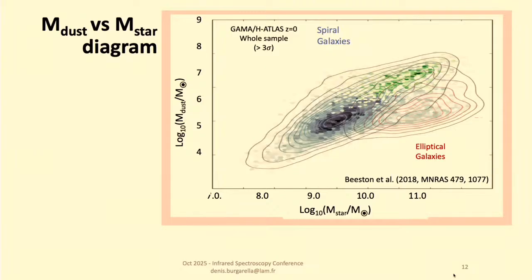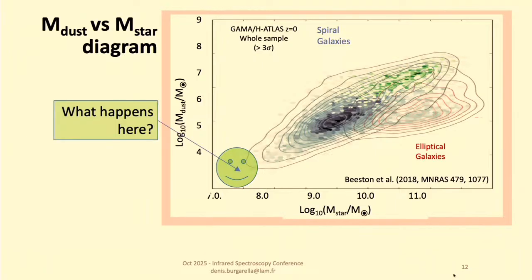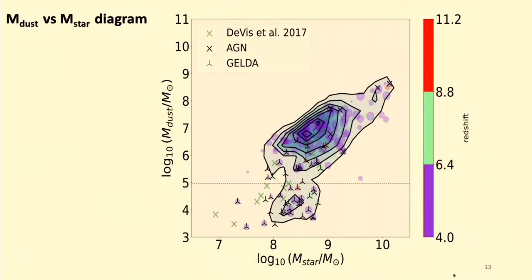That's what we had always observed so far. What we want to do is to populate this area here at very low mass and know what happens here, because these galaxies are the main stellar population, not only at high redshift, but we also have some of them at low redshift. So I tried to build the same diagram from the data I showed you before. And this is what I get.